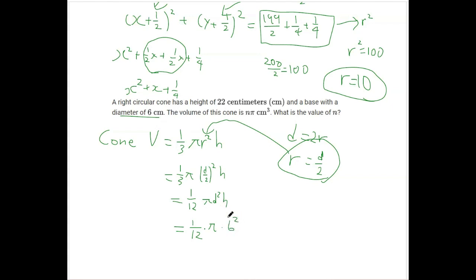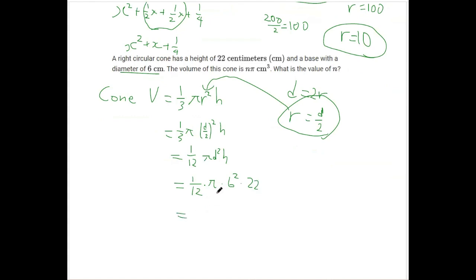So square the diameter, times 22. So 36 divided by 12 is 3, pi times 22. This is equal to 66 pi. And we're only looking for the n. So 66 is the correct answer here.